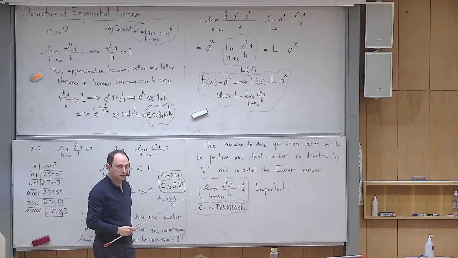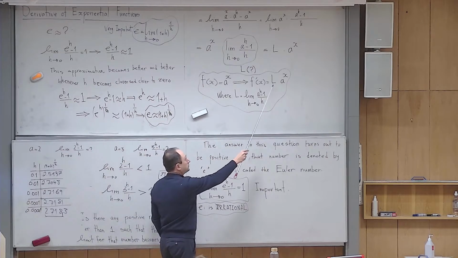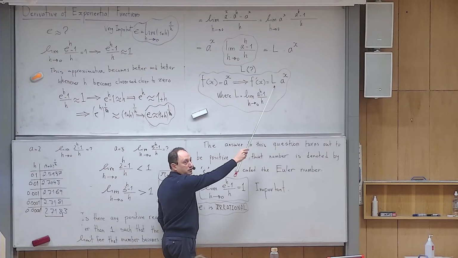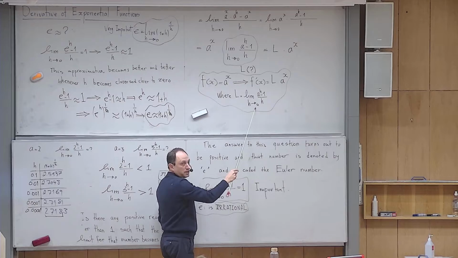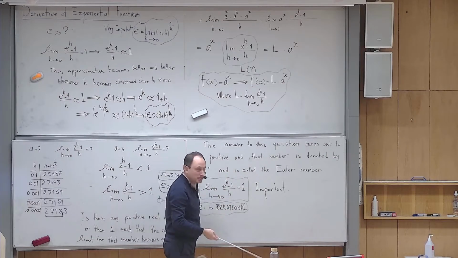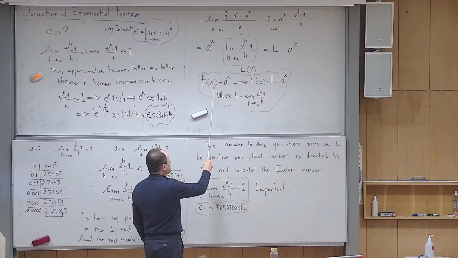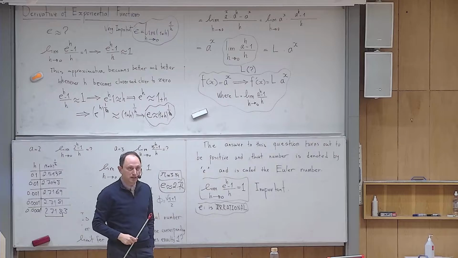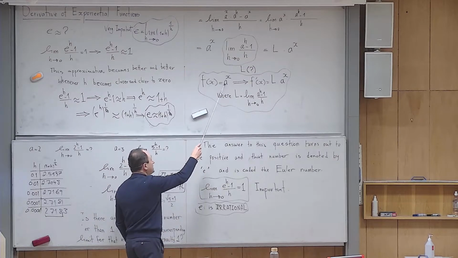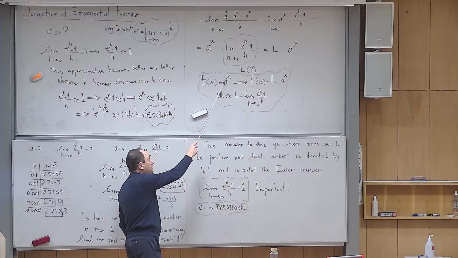I succeeded mainly. The only problem in front of me is calculating this constant. And I realize this constant is the value of this limit. So far, I haven't succeeded in doing that, but I was able to solve the problem completely for one particular case. And that is the case when this a is e.